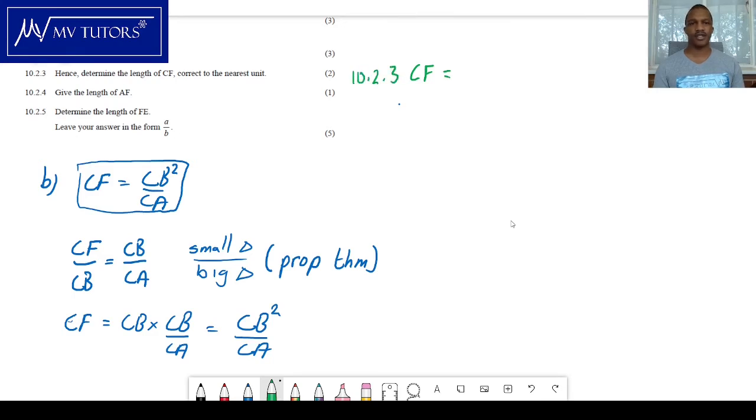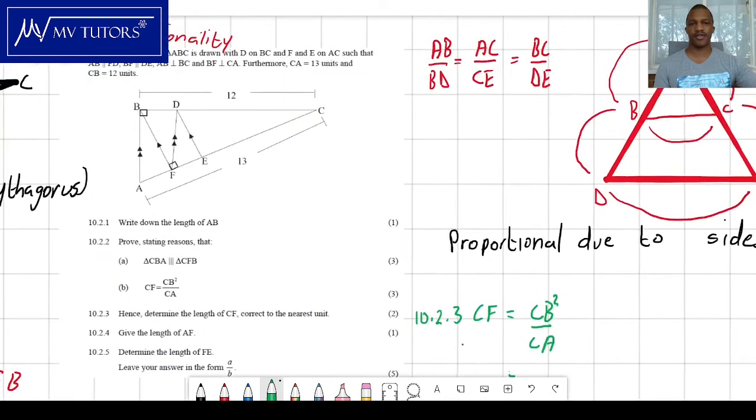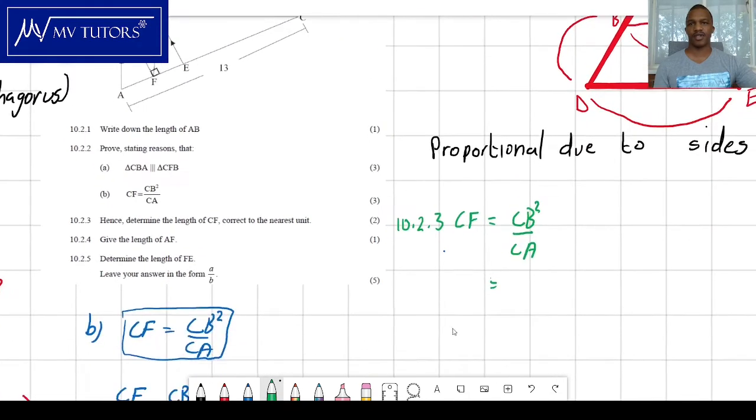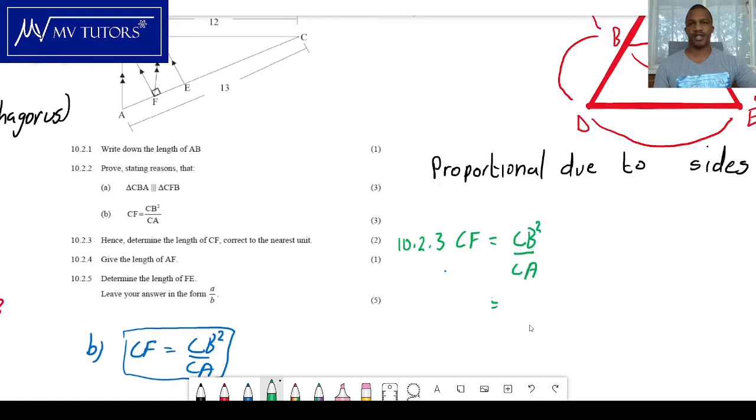CF is CB squared over CA, right? And then what is CB? Do we have the length of CB? Definitely CB, we can see from this triangle, is 12. So we got 12 squared divided by CA. CA is 13.